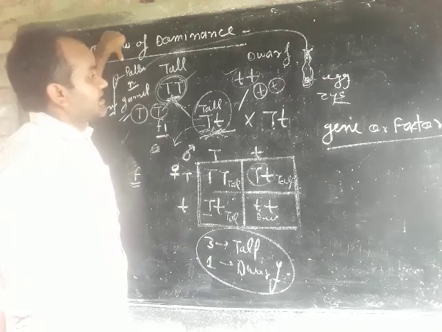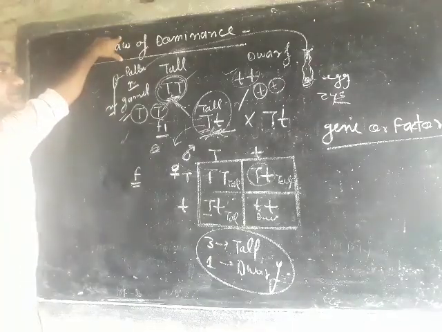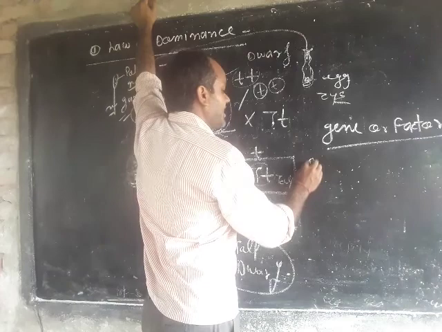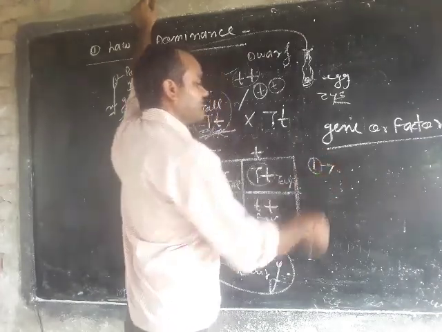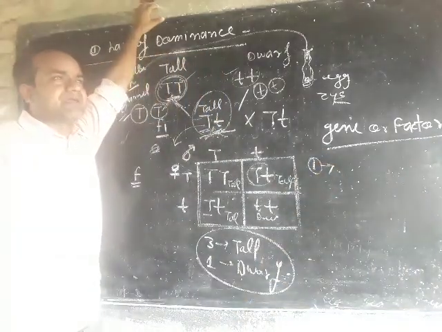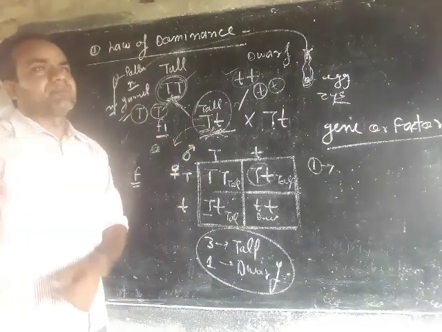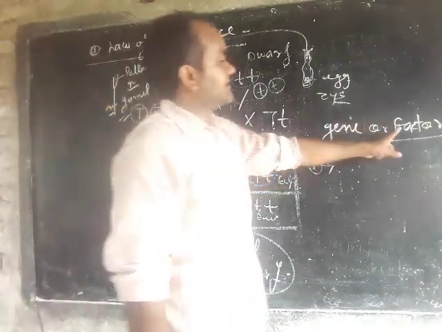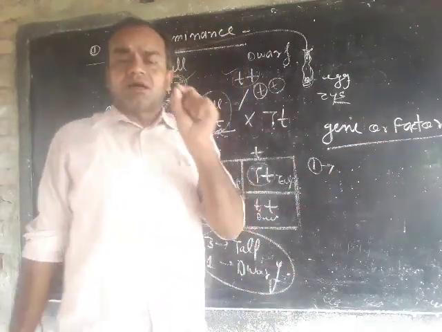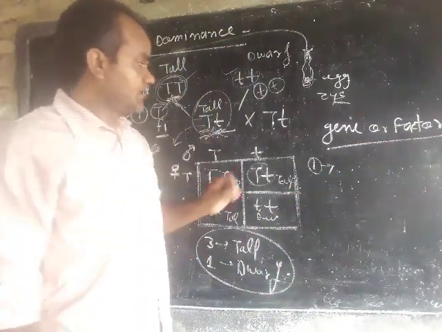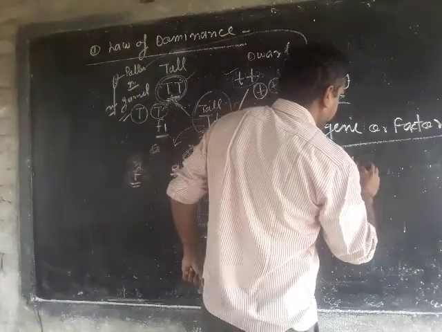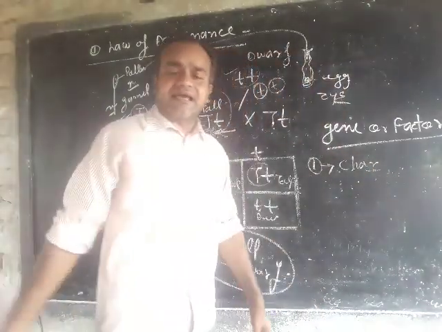So what is the law of dominance? In the law of dominance, the first line you will tell: the factors or genes, or you can say characters. You know what characters are?